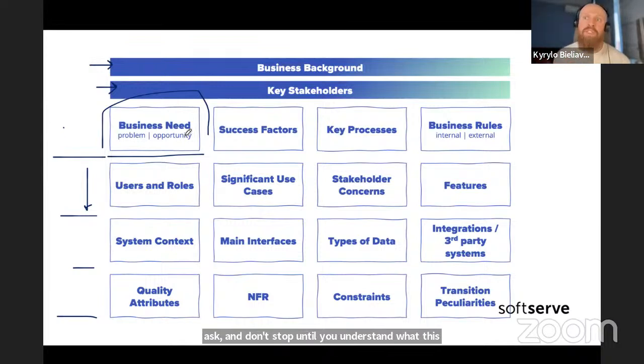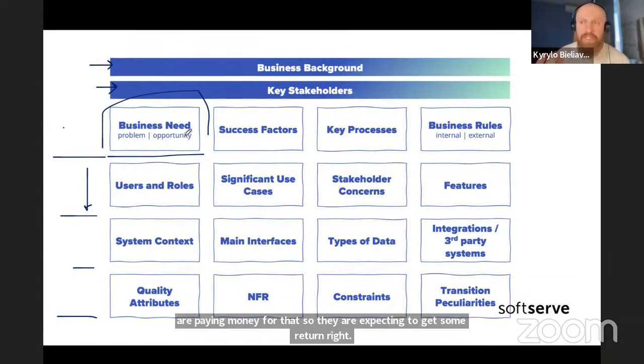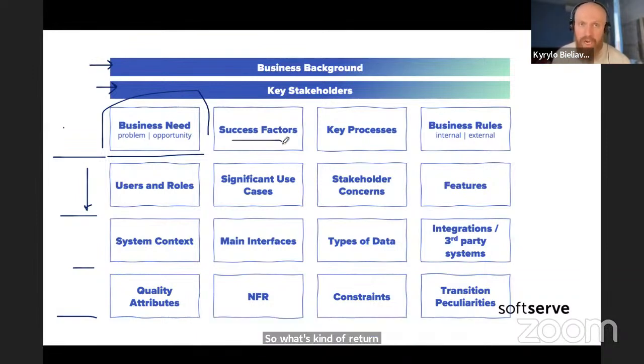What value does it bring? And always remember, clients are paying money for that, so they are expecting to get some return, right? So what kind of return would it be? Where is the business benefit, and how can we measure it, what success factors can we have there?